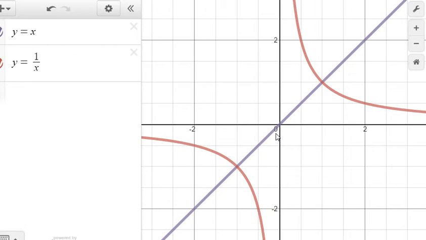If I want to get back, I take the inverse again, right? The inverse of 1 over 7 is 7. So it's its own inverse function. And you're going to see that anytime you have a function that's symmetric with respect to the line y equals x, it's going to be its own inverse. So kind of a strange example there, but one that's worth spending a little time on.